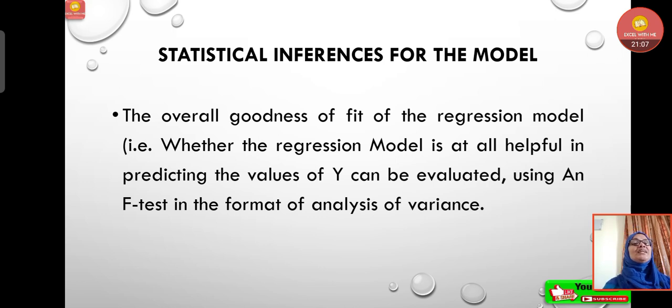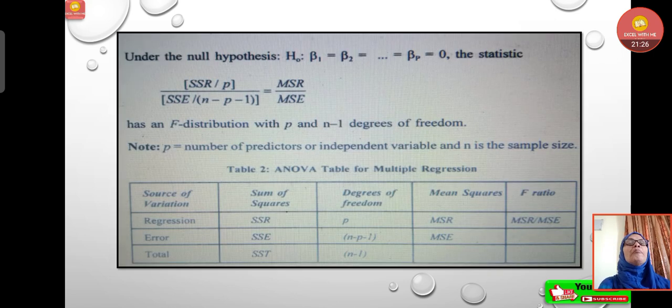Now statistical inferences for the model. The overall goodness of fit of the regression model, that is whether the regression model is at all helpful in predicting the values of y, can be evaluated using an F-test in the format of the analysis of variance. The F-test is important here.